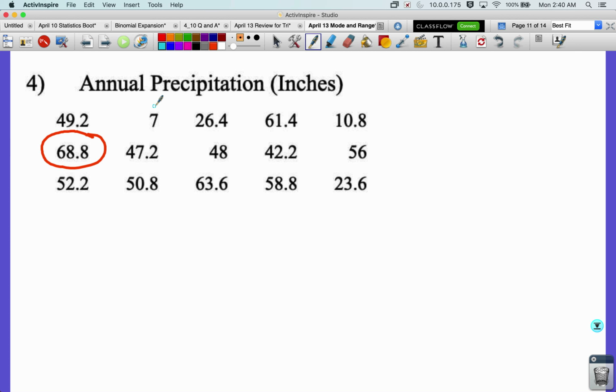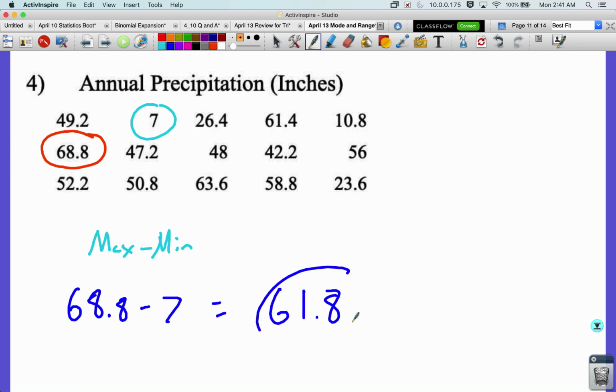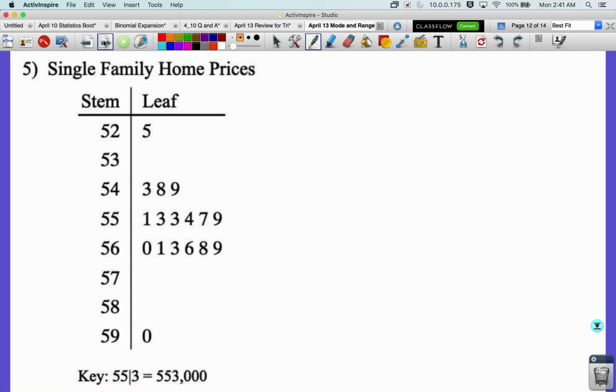We'll circle what we think is the smallest number, 7, and then scan through looking for anything smaller. All right, max minus min equals 68.8 minus 7, or 61.8 for our range.